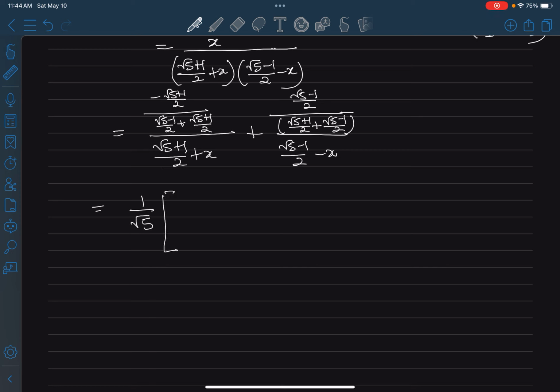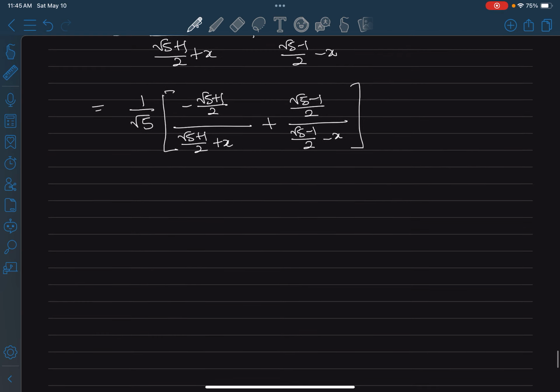And then over here, in the numerator, I have negative of root 5 plus 1 by 2, and then root 5 plus 1 by 2 plus x. Over here, this is root 5 minus 1 by 2, over root 5 minus 1 by 2 minus x, right? So now let's try the geometric series, but for that, first of all, we need to reduce this into a different form.